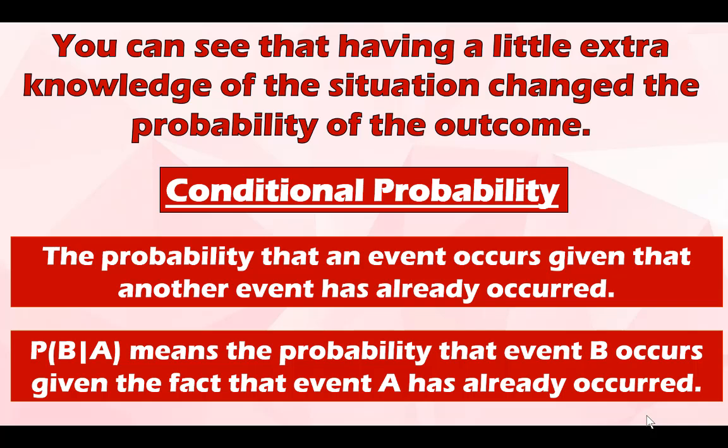This means the probability that event B occurs given the fact that event A has already occurred. So B is what we're interested in the probability of, and A is the extra information we have. It's an event that we already know happened. Now that event may impact the probability of B, it may not. But we have to investigate how that works.